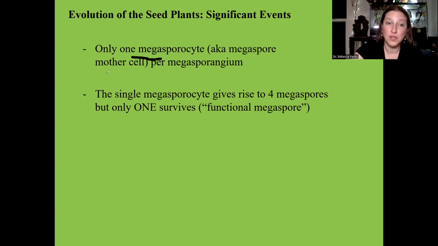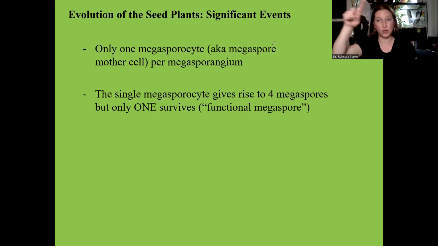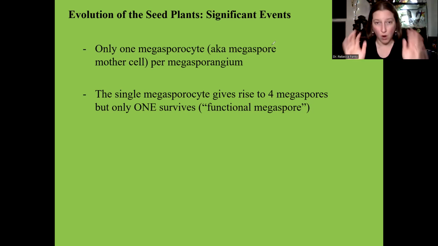The result is going to initially be 4 megaspores, because if you have a spore mother cell, and if what I'm about to say right now is confusing or sounds unfamiliar to you, go back to lecture 2 about alternation of generations and go back to that slide that I showed you with the roadmap of alternation of generations. If what I say right now is confusing in the next couple minutes, pause this and go and get that slide that I highlighted in the past about how important that one slide is.